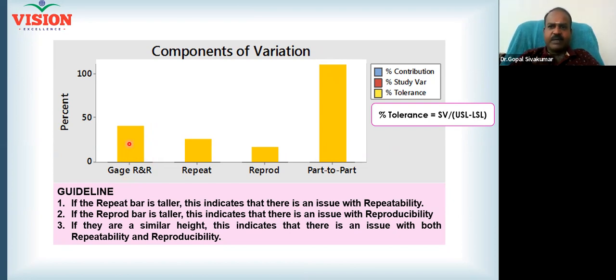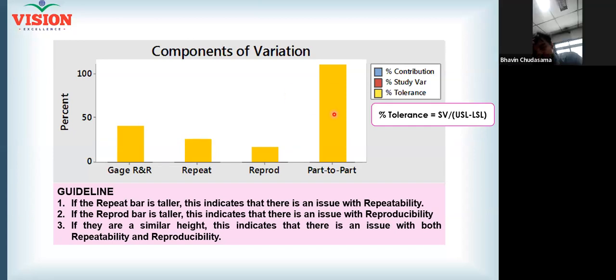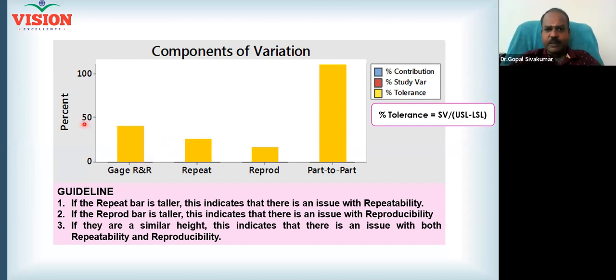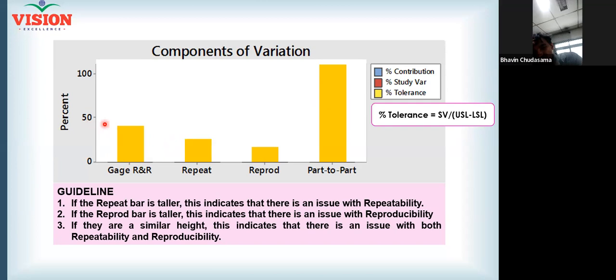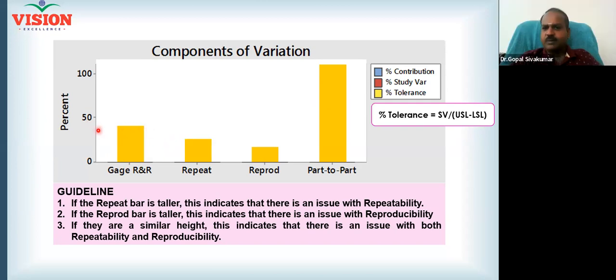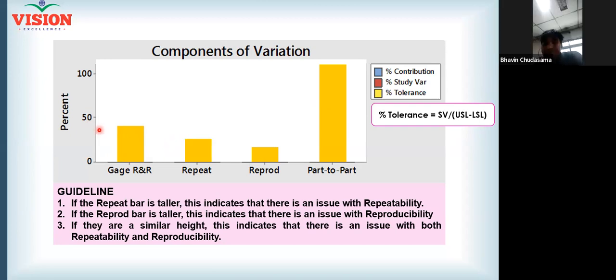When I am trying to solve a problem, I should have a measurement system which has less variation compared to the part-to-part variation. So that is okay here. But even then, the percentage wise, it is not good. Right? So 30-40% is there. We know 30-40% is unacceptable.